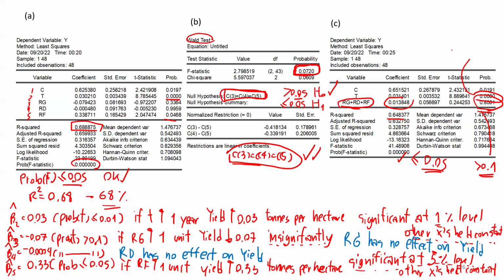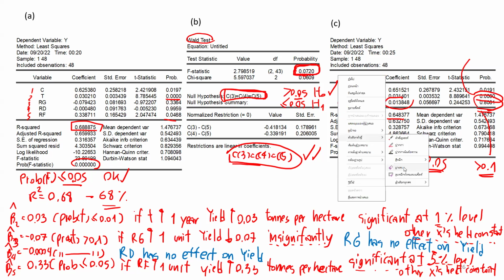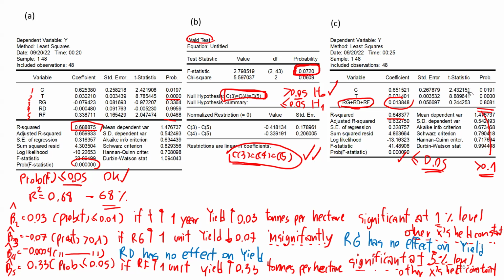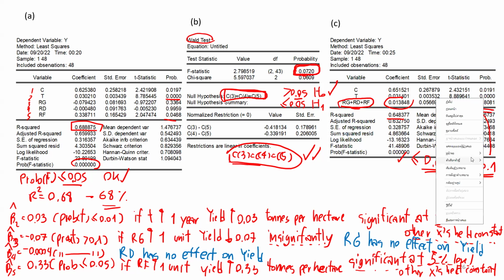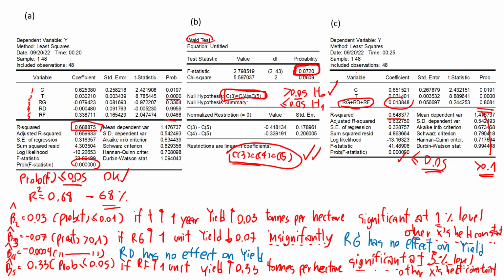Good. It means less than which one? 1%, 5%, 10%. 1%, yes, correct. So 0.000 means it's significant at the 1% level.